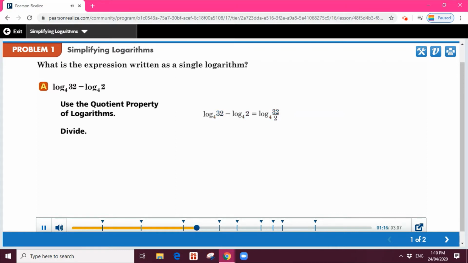Divide 32 by 2. The logarithm is base 4, so rewrite 16 as a power of 4. Simplify. So, the expression is equal to 2.